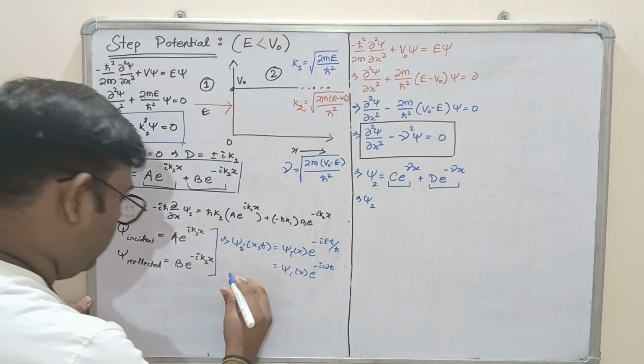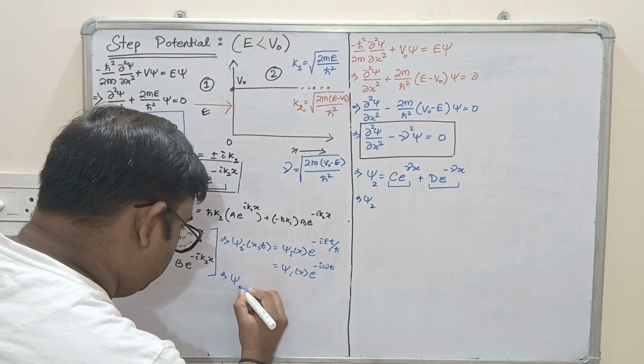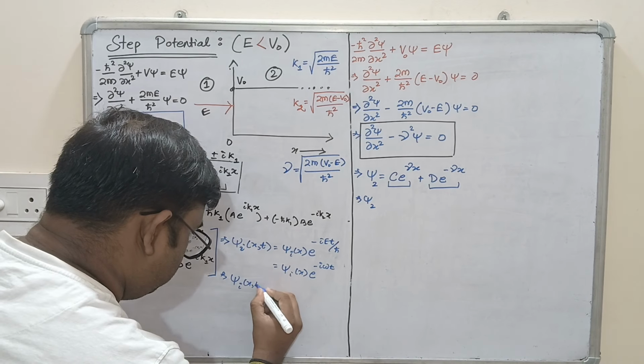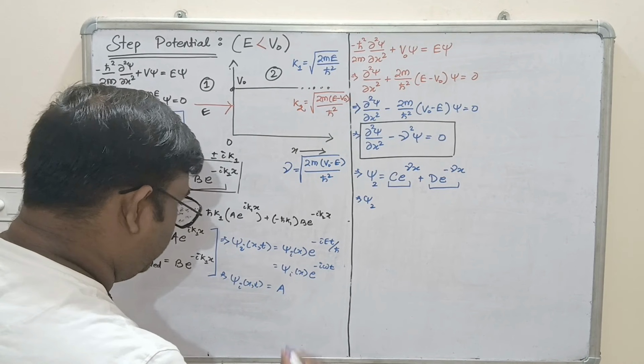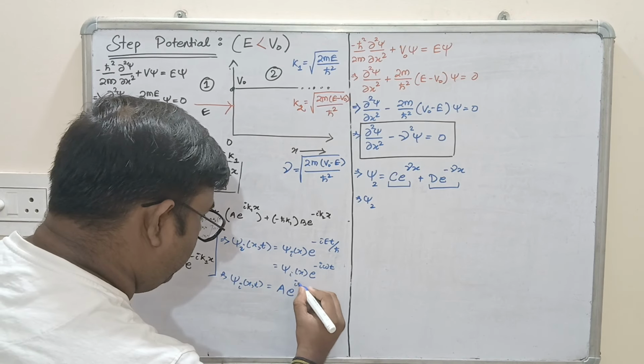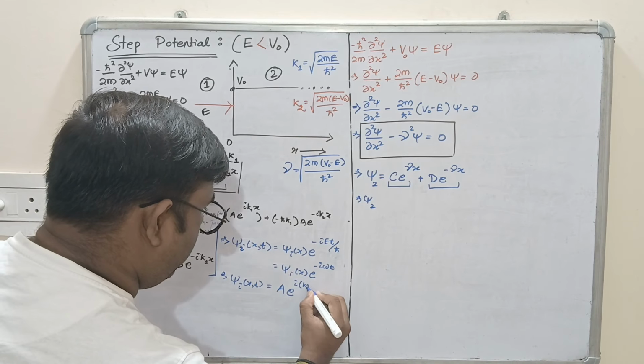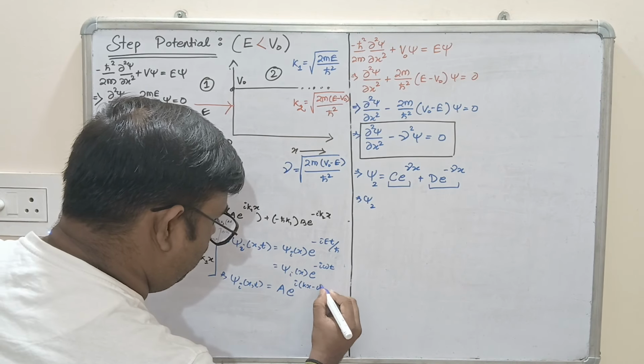Now if we write the complete equation, psi I stands for incident. It is nothing but e to the power i(kx minus omega t).